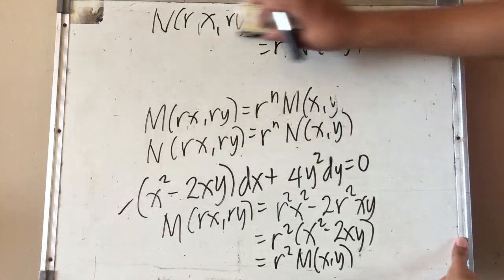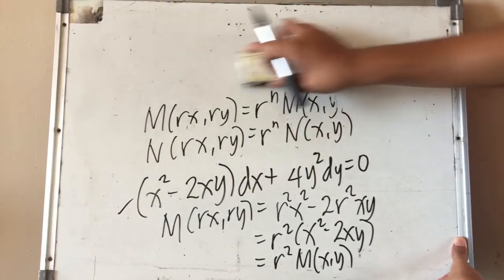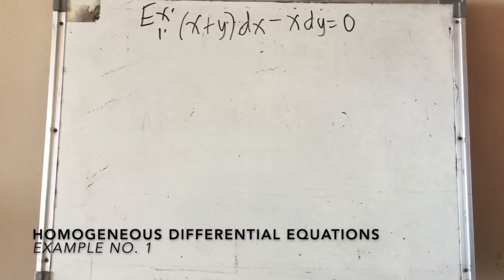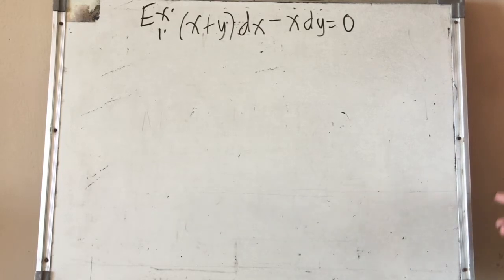Okay, so for the solution part, let's take another example. Solve the equation (x plus y) dx minus x dy equals 0.